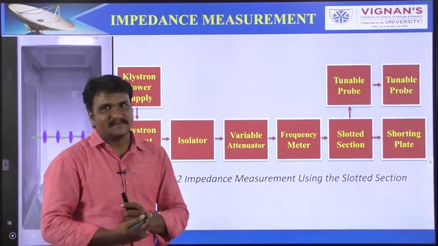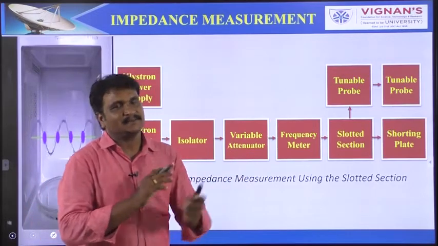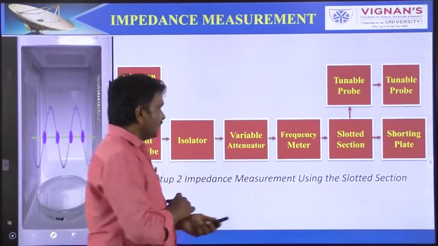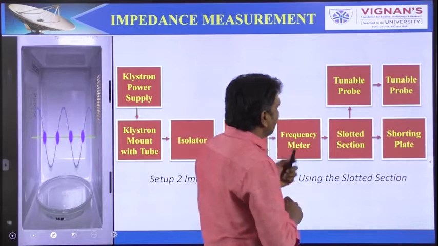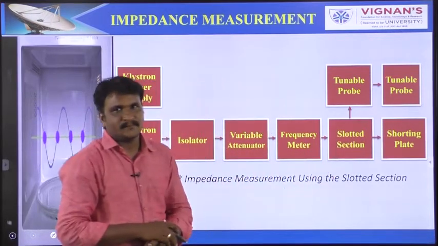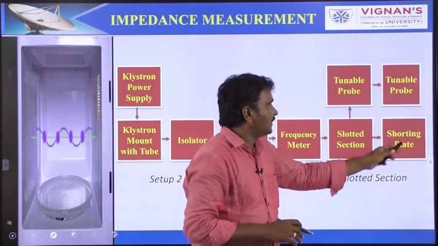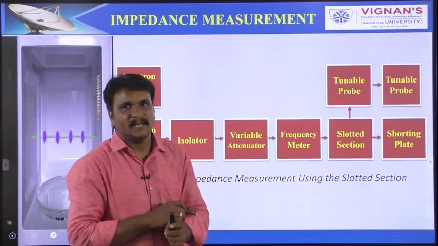Coming to the second bench setup, the main difference between the first and second bench setup is that in the first bench setup we can observe the load after the slotted section, but here in place of the load we have to use a shorting plate.